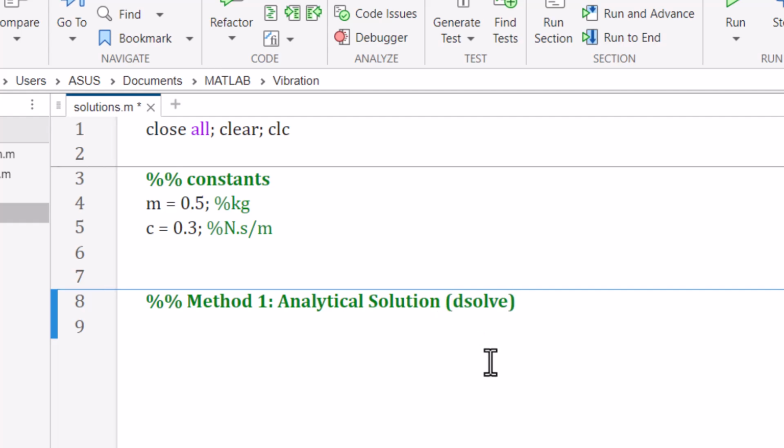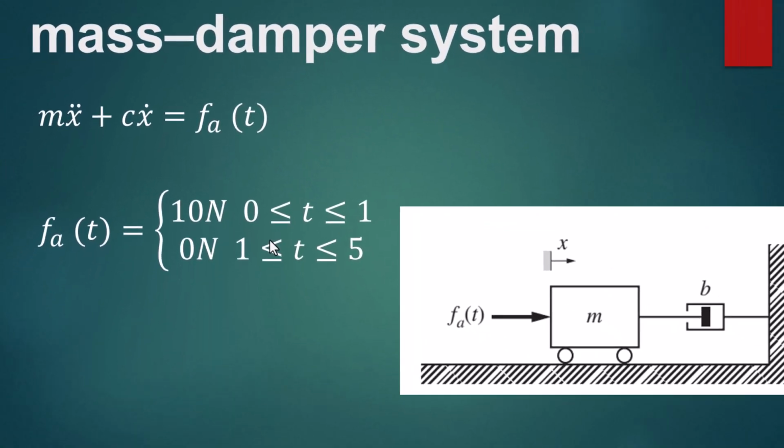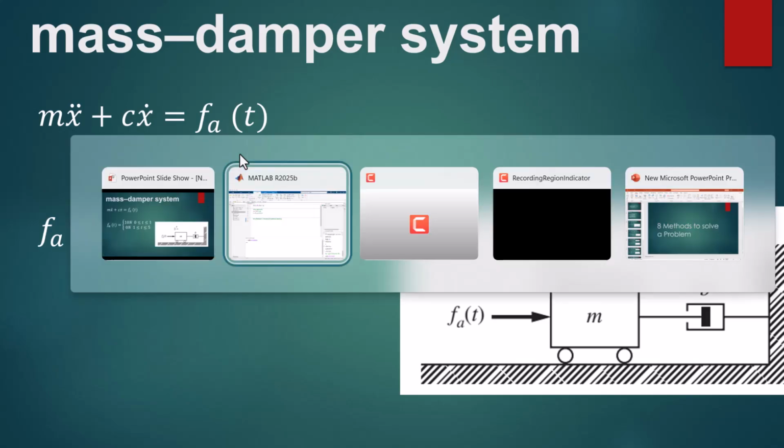But the shortcoming of this method is that not every differential equation has an analytical solution. And in our example, since the external force is not continuous, it has a discontinuity at 1 second, I do not expect to find an analytical solution generally for this equation.